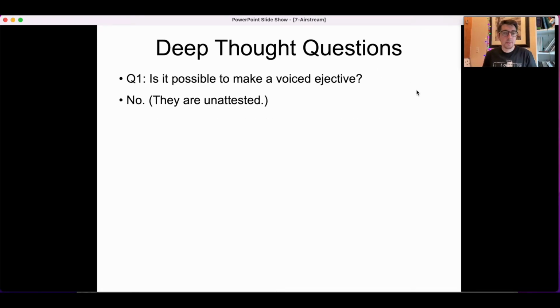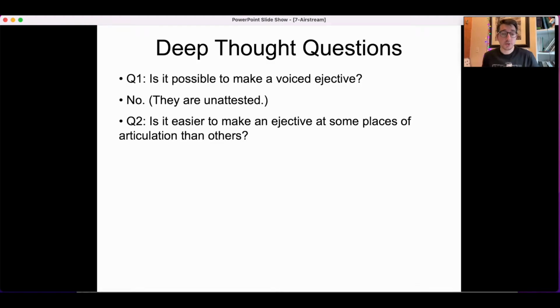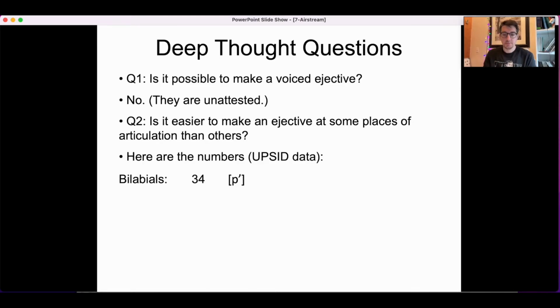Question number two, is it easier to make an ejective at some places of articulation than others? Well, you can think about that, whether it's easier for you to make, for example, pa, ka, ta, right? I think for me personally, it's definitely easier towards the back. And here are some numbers from the UPSID database.